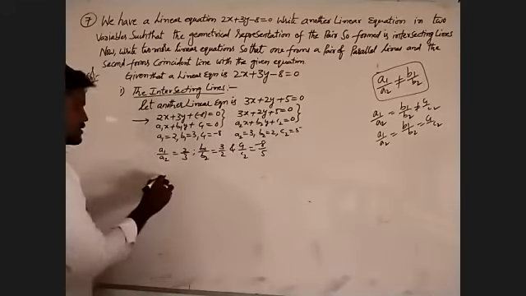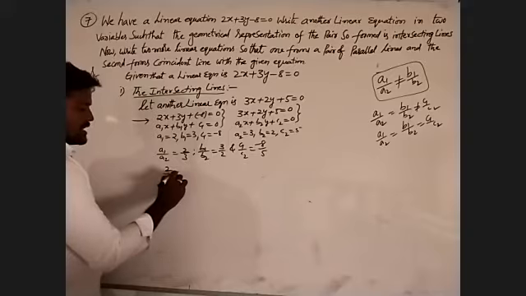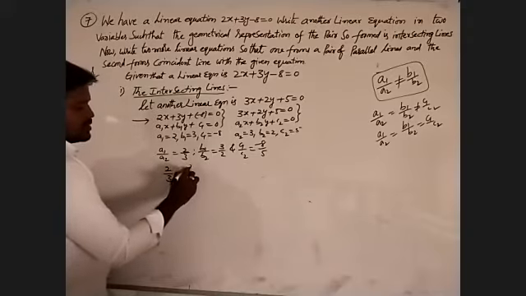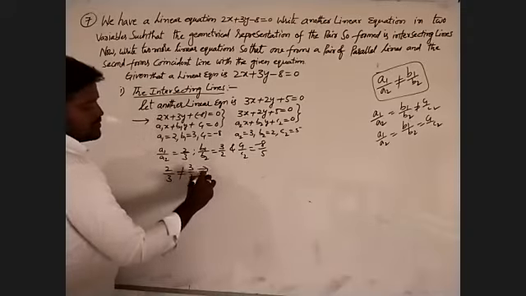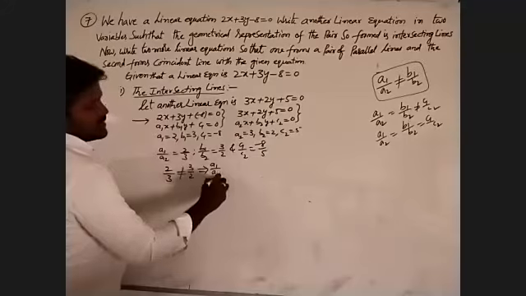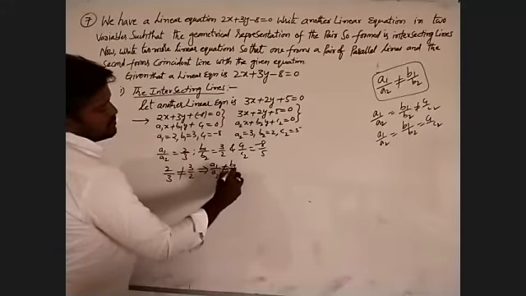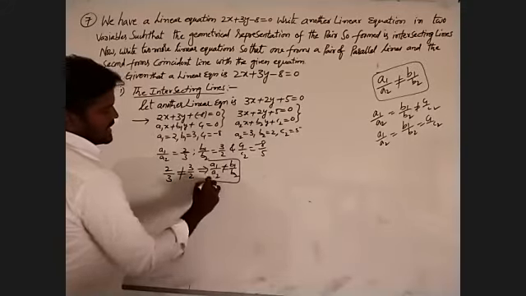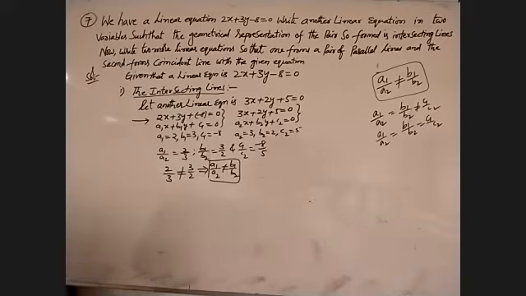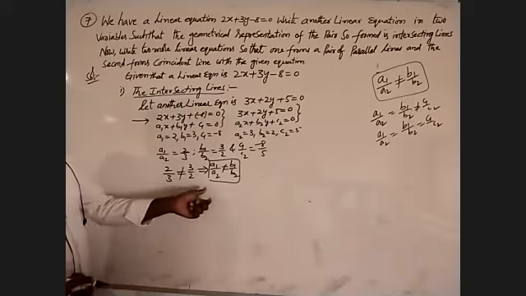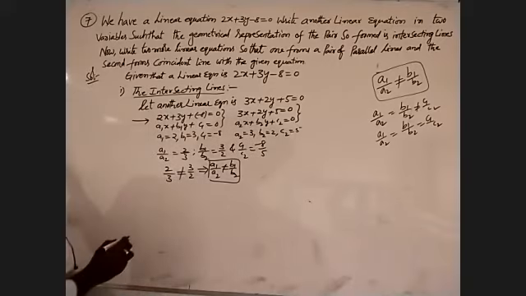That is written as a1 by a2 does not equal b1 by b2. When it satisfies the given condition, then the geometrical representation forms intersecting lines.